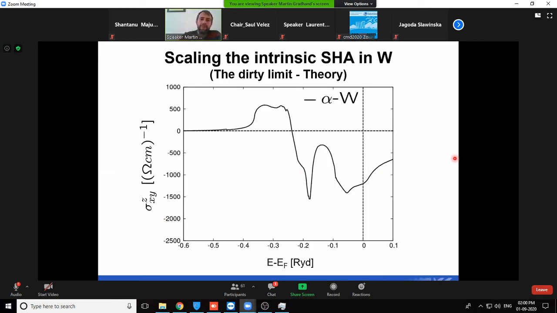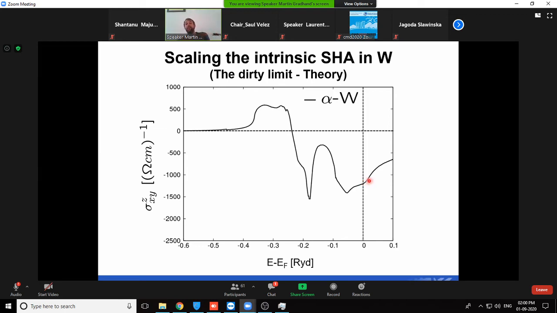Another example of that, and now very commonly used as well, is tungsten. And what you see here is the spin Hall conductivity for alpha tungsten, which is the BCC phase. So at the Fermi energy, which is here, the numbers are somewhere around 1,000 inverse centimeters.